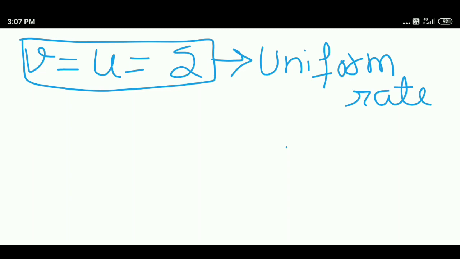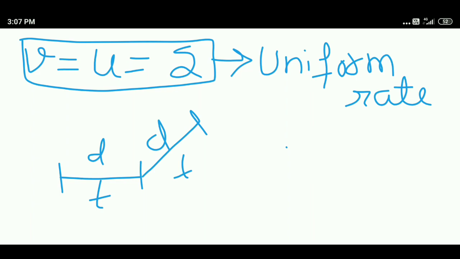Do you recall what a uniform rate is? We have defined uniform velocity and variable velocity, in which uniform rate means the object is moving equal distance in equal intervals of time. So it will be called moving with a uniform rate. So what conclusion are we getting?